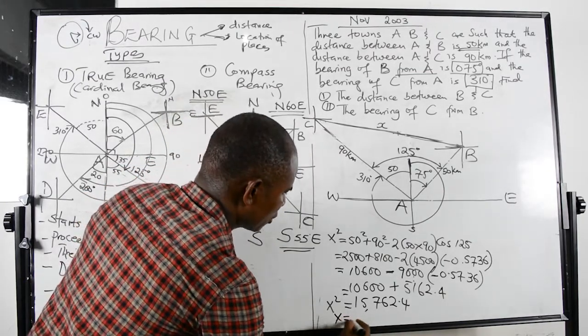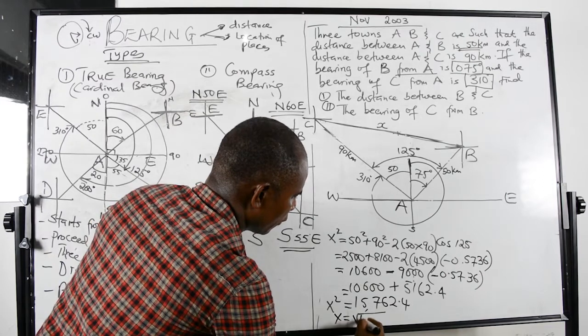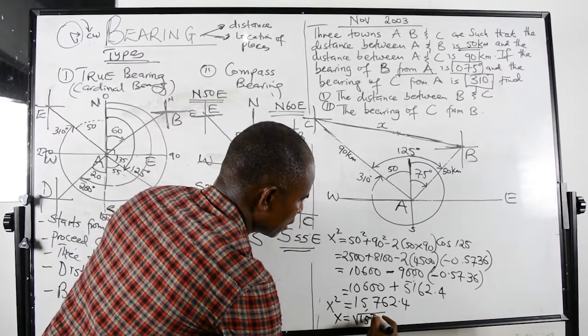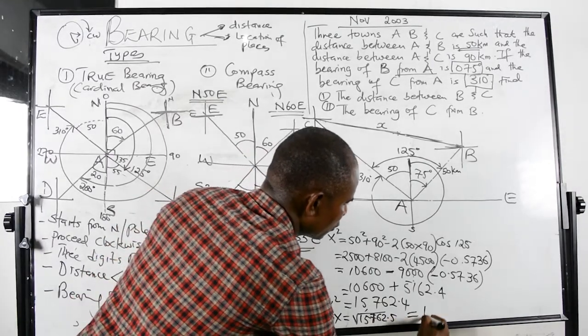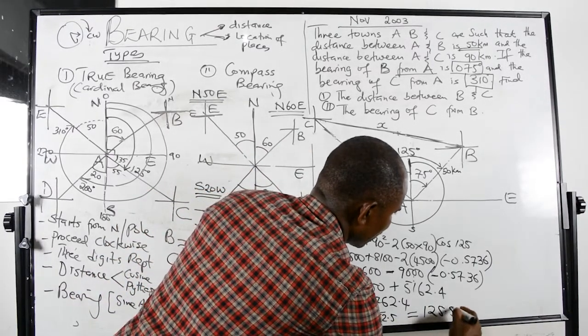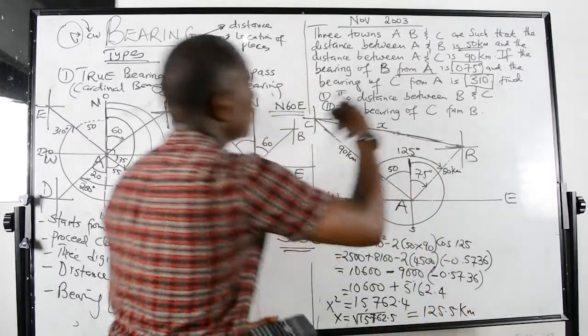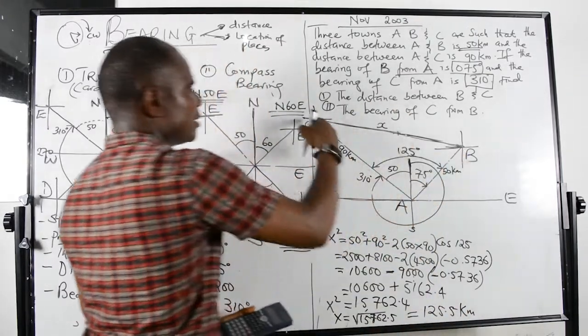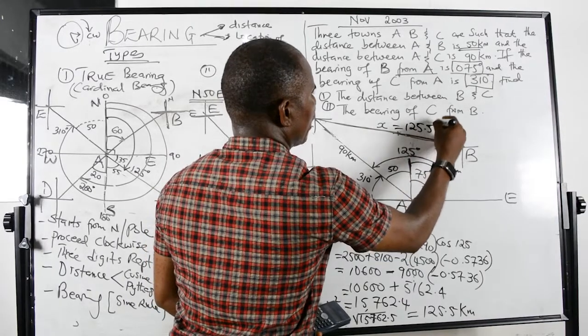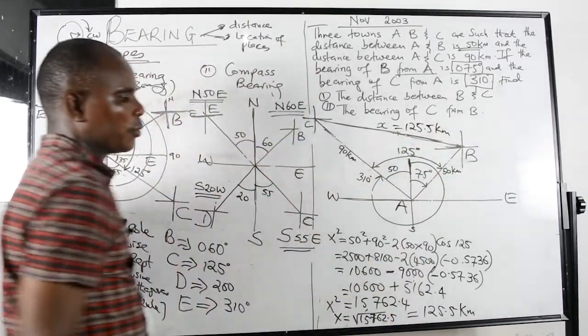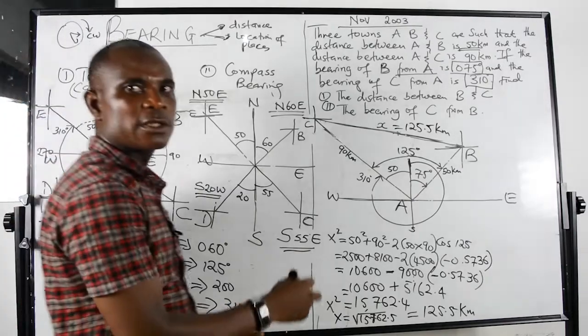So x is equal to the root of 15,762.5. This gives you 125.5 kilometers. So the distance between B and C is 125.5 kilometers. So that's how we use the cosine formula to get the answer there.